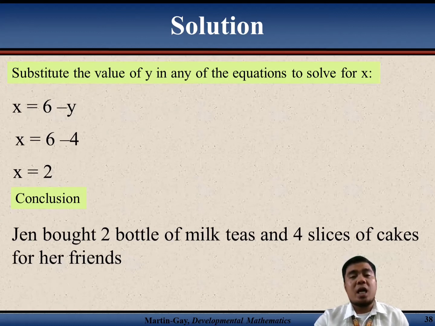So in such a way, you have already found the values of x and y, or the solution of our system of linear equations. So therefore, Jen bought 2 bottles of milk tea and 4 slices of cake for her friends. So that is one of the most common examples of the application of solving systems of linear equations in two variables in reality.